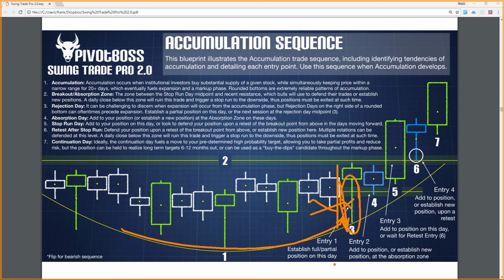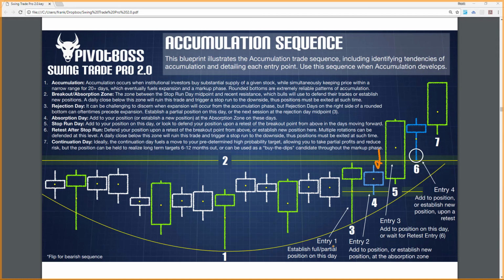It's these failed new lows within an absorption type of pattern or accumulation sequence that usually tells you that you're about to see expansion. So I'm always looking for failed new lows on the right side of the rounded portion of this accumulation pattern. If you see a major failed new low like this, it could be an indication that you are about to see expansion and markup.